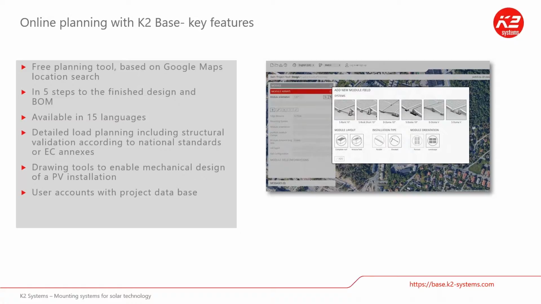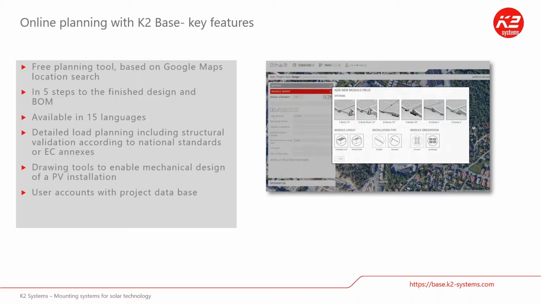So from the beginning of deciding where your project is at, on to the bill of material in the end and the structural verification. It's quite accessible. We have it available in 15 languages, and it offers a detailed load planning, including structural validations according to different national standards like the Eurocode or the US code, and so on.